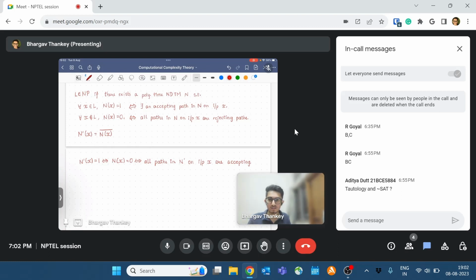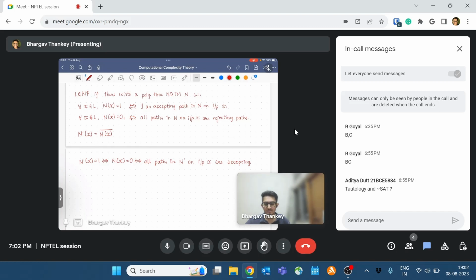Last time also we had a discussion on this. From this definition, it seems that a language is an element of NP if it is decidable by a non-deterministic Turing machine. Today I am unable to convince myself that we really need to consider the no instance.